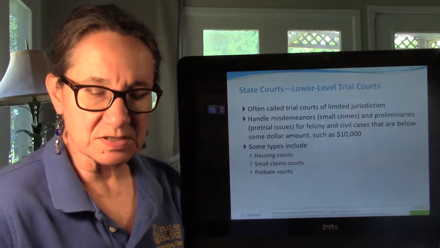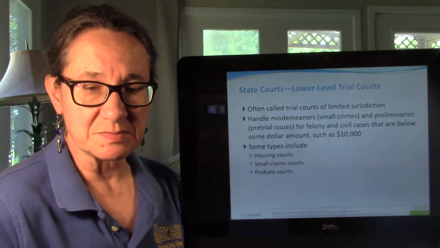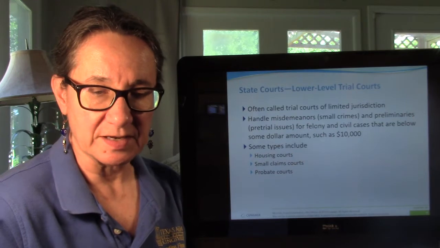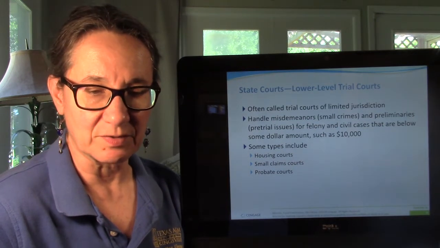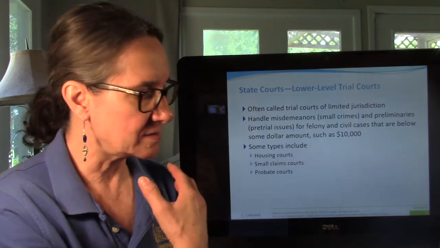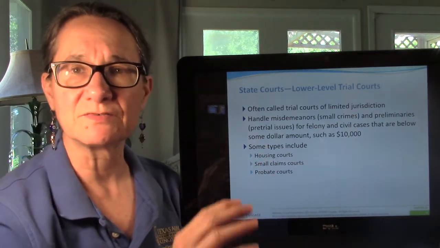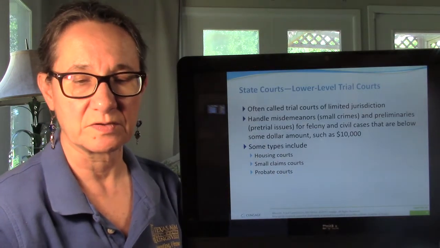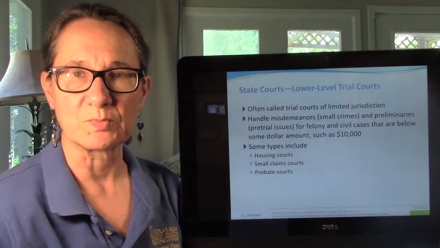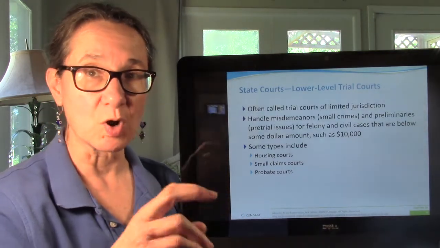So state courts, there's some what we'd call lower courts, misdemeanors, things like that, small things, any kind of civil case below some dollar amount. Different states, cities, counties have different courts. Some places have housing courts, some places don't, right? So every place is going to have a small claims court. Probate courts, that's when there's a will to be probated, right?